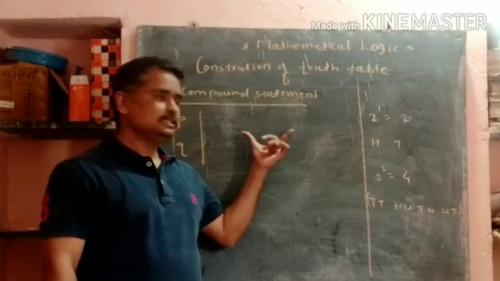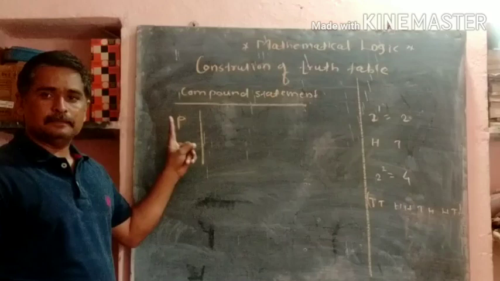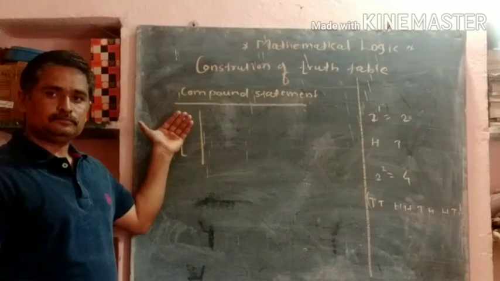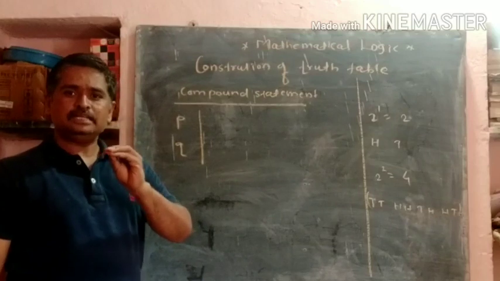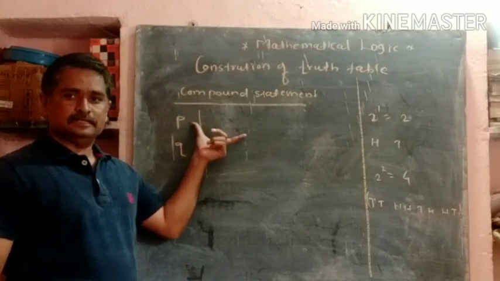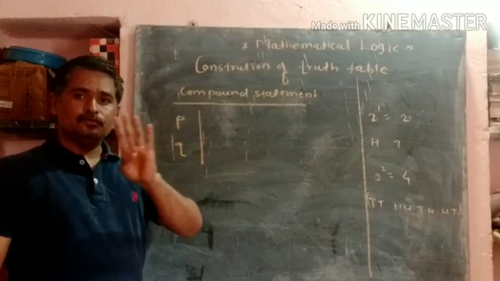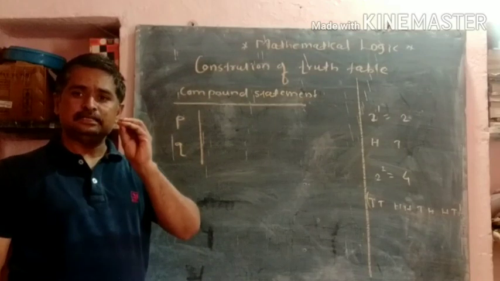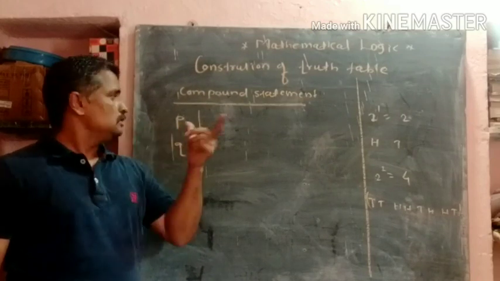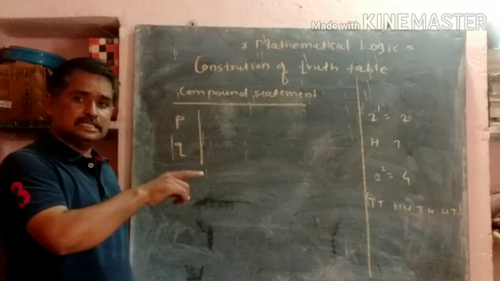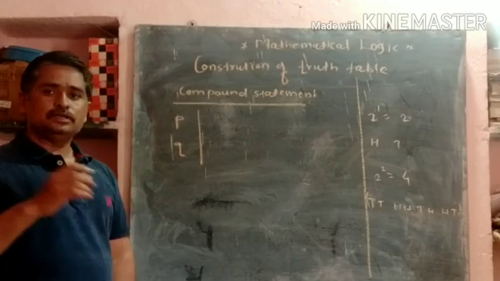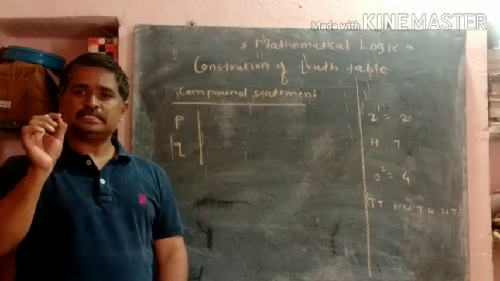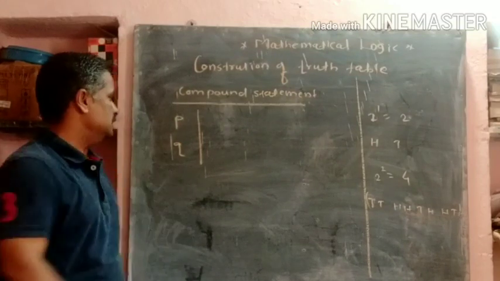Similar to this, if we construct a truth table, we have 4 basic operations on compound statements, that is conjunction, disjunction, implication and double implication. First of all, we consider the first operation, conjunction.